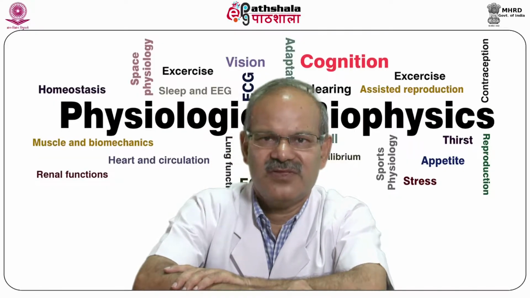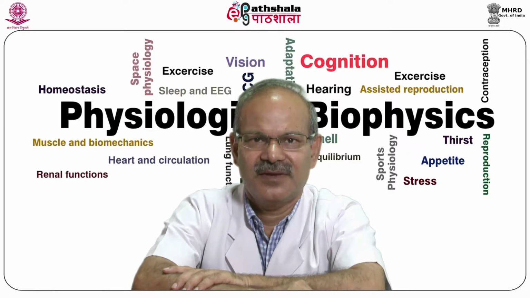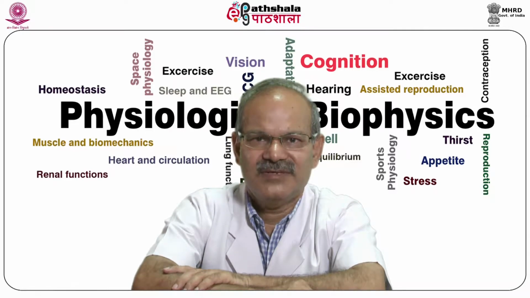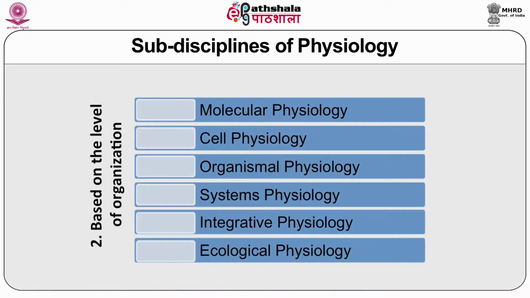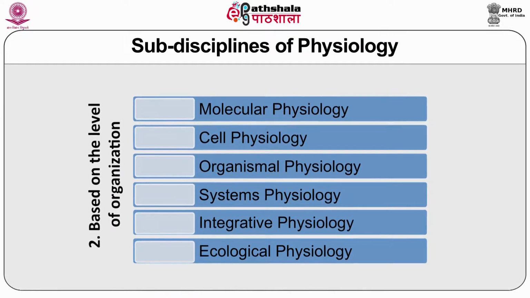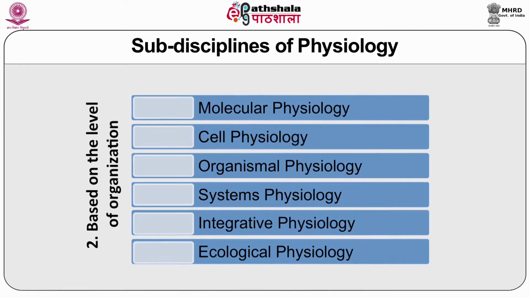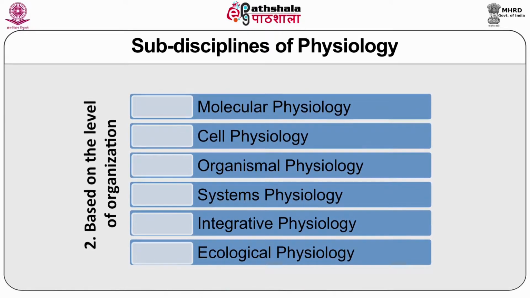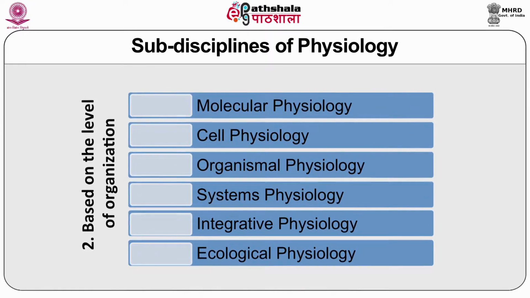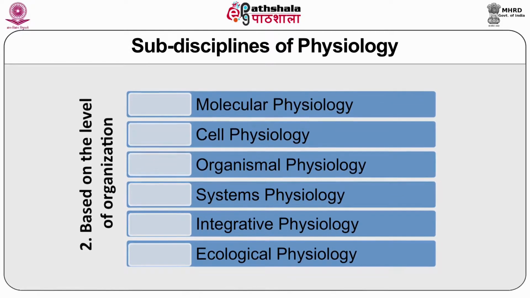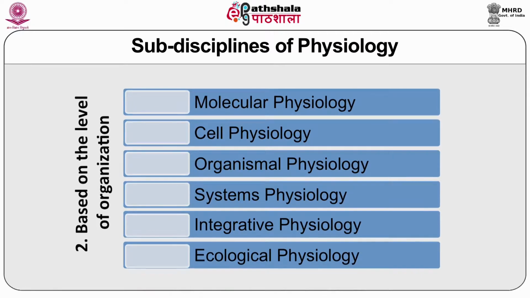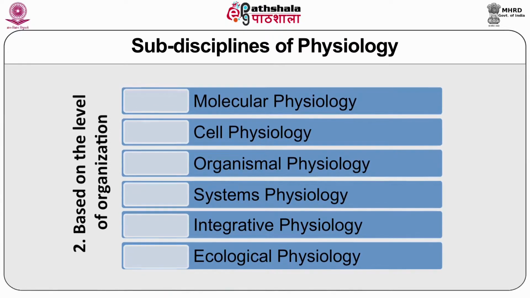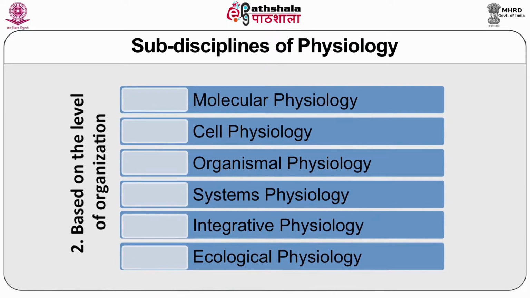There are other ways by which they can be subdivided, and they may be based on the level of organization in the body. For example, on a molecular basis, it could be molecular physiology. On a cellular basis, it could be cellular physiology or cell physiology. When the basis of our study is the organism, it is called organismal physiology.